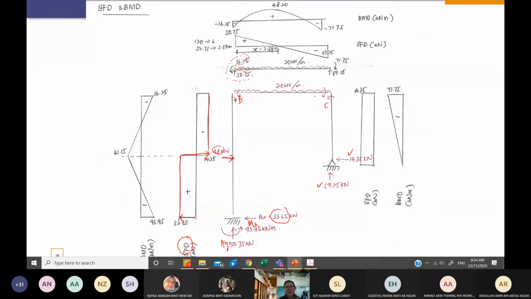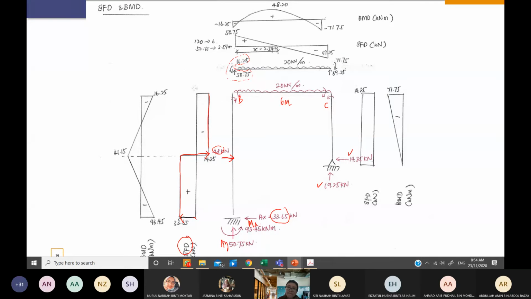Okay, so what is this? This is 6 meter. This is 6 meter. So you need to calculate these internal forces here also.